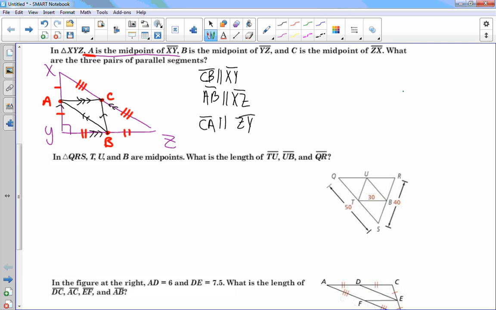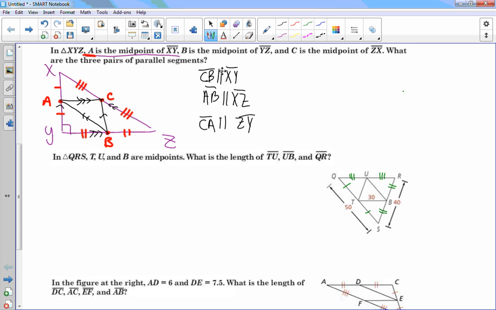If QT gets 1 tick mark, where else should I put 1 tick mark? TS. If SB gets 2 tick marks and B is a midpoint, where should I put 2 tick marks? BR. Got this on your paper? Same with QR: QU is 3, so UR must be 3.